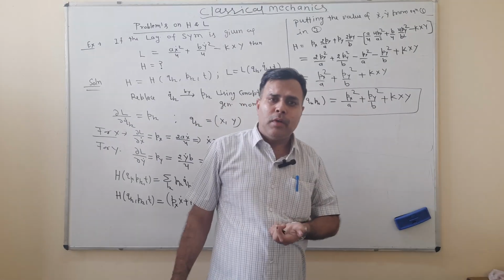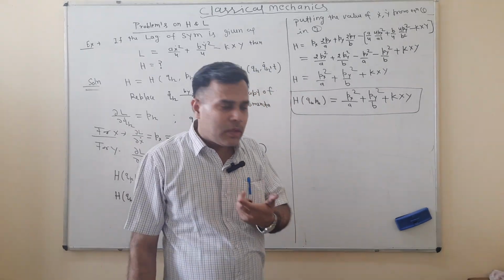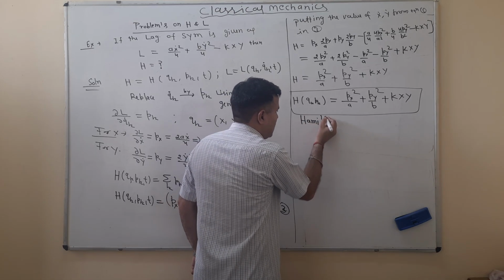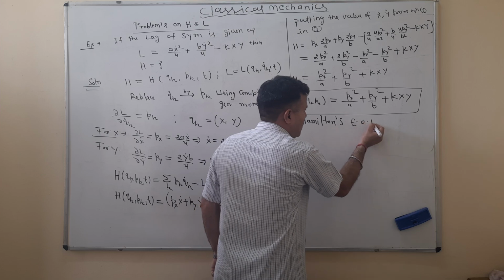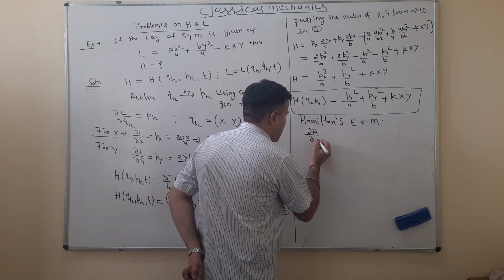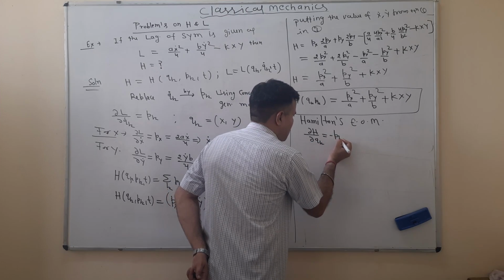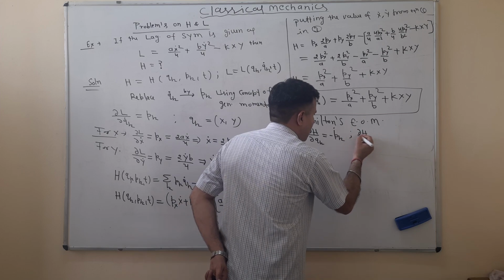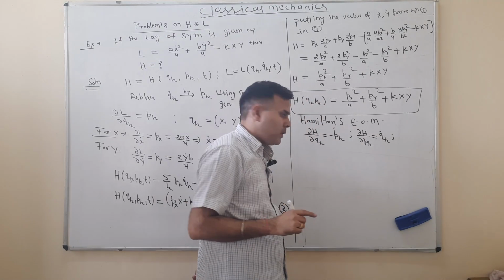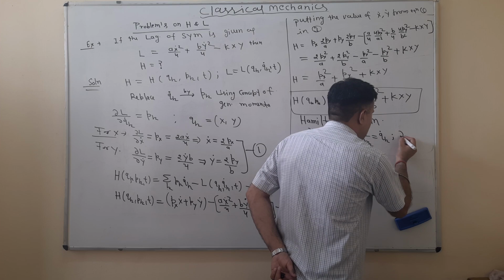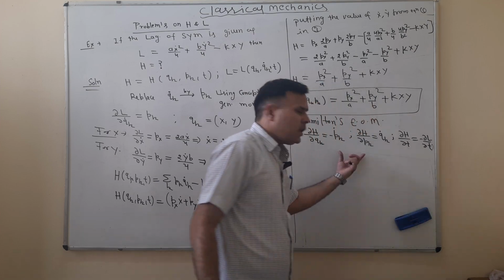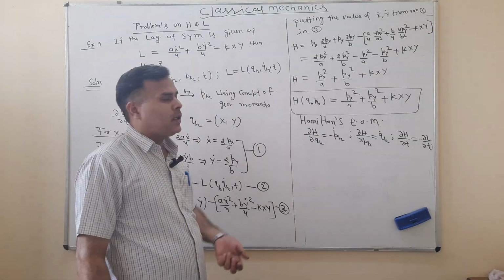Now if we have an expression of Hamiltonian, we can set up Hamilton's equations. Hamilton's equations of motion: we have three different sets, del H upon del Qk, which is minus Pk dot; del H upon del Pk, which is Qk dot; and if there is a time term, del H by del T is minus of del L by del T. These are three different sets of equations known as Hamilton's equations.